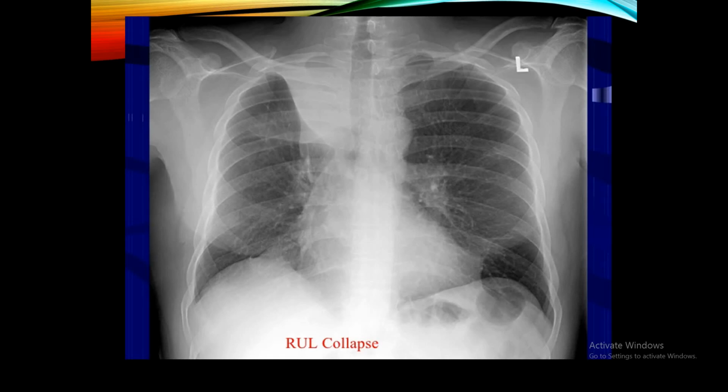The trachea looks central, slightly deviated to the right, or we could also consider it central. But we have this upward deviation of the fissure. So it means we have a lesion in the right upper lung zone that causes upward deviation of the horizontal fissure, and therefore we have right upper lung collapse, because we said that any opacity limited inferiorly by the horizontal fissure is located in the right upper lobe.